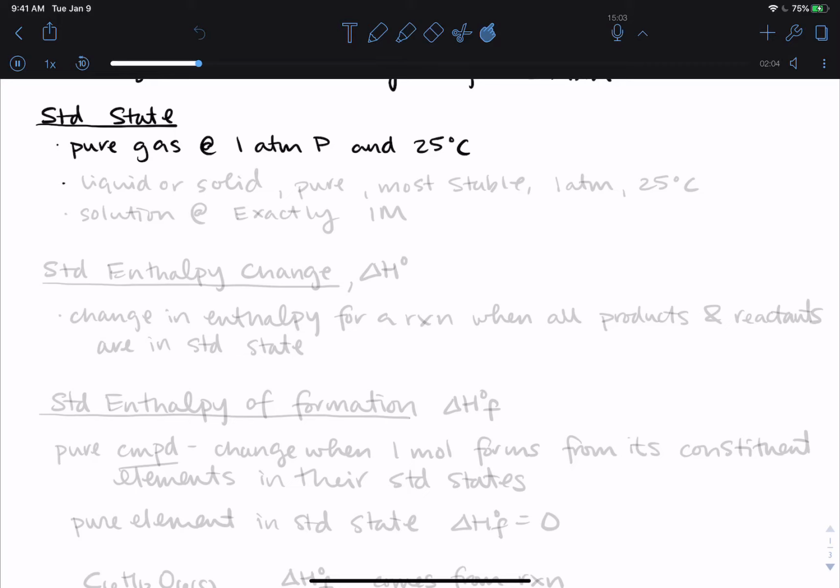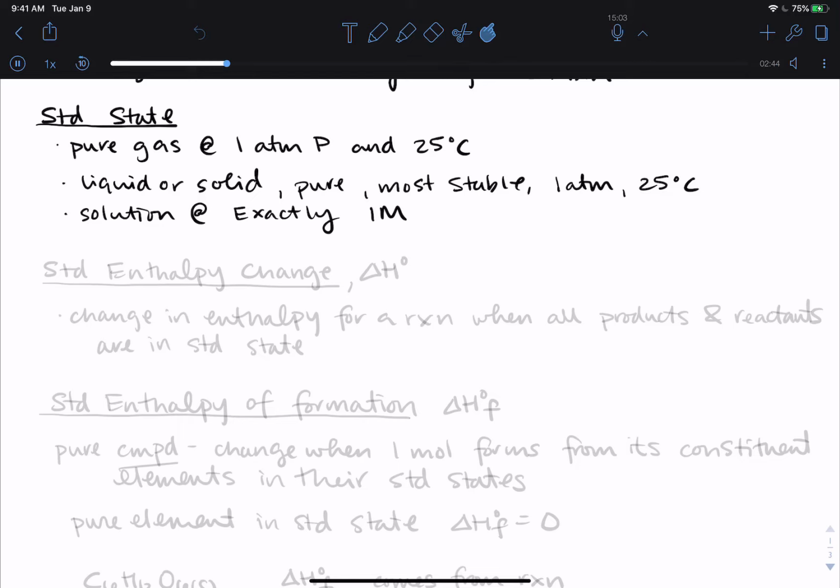If it is a liquid or a solid, it's pure, it's in its most stable form. It is at 1 atmosphere of pressure and 25 degrees C. And if you have a solution, it is also at 1 atmosphere, 25 degrees C, but its concentration is exactly 1 molar.